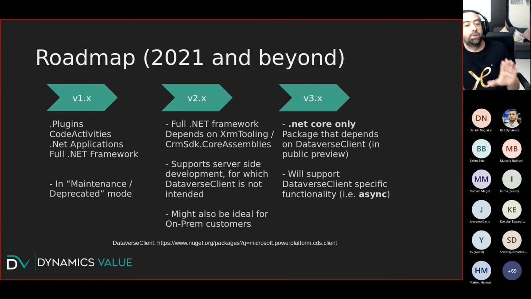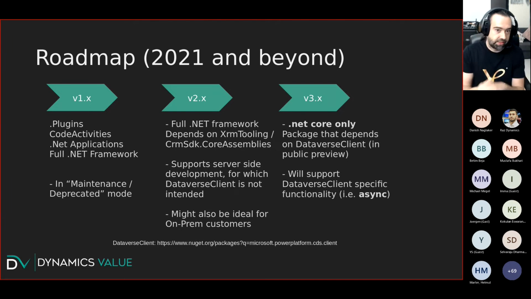So for people who want to get their hands on it for projects that are happening right now, and they need to do server-side development, they can use version 2 today when I publish the open source project. If they want to use the very latest functionality of version 3, which I'll show how it works later on, they can do that as well. But that also means maintaining two parallel versions is very time consuming. So we are putting version 1 to rest and in maintenance mode.